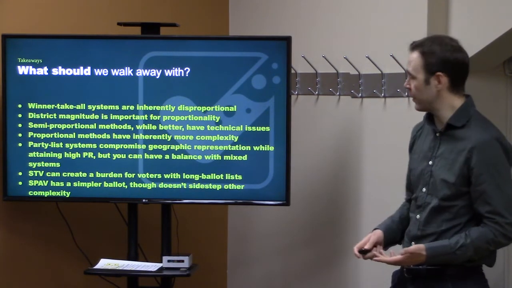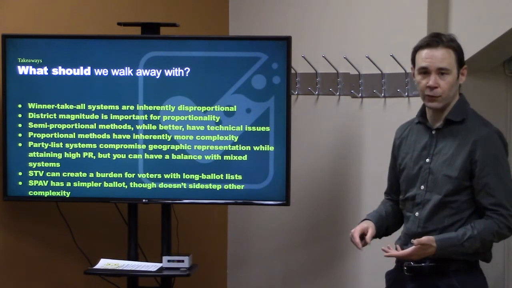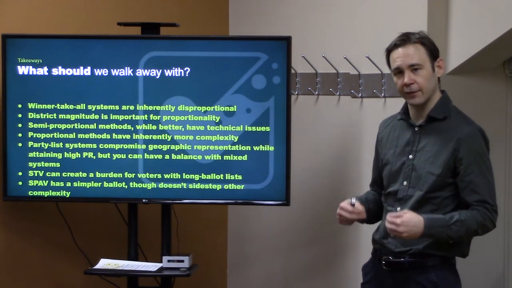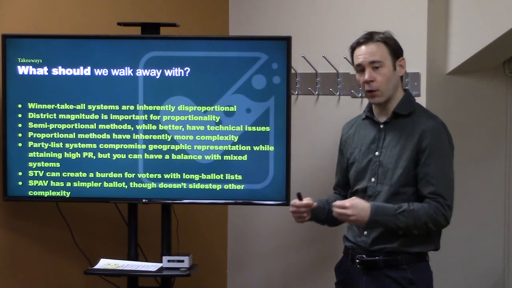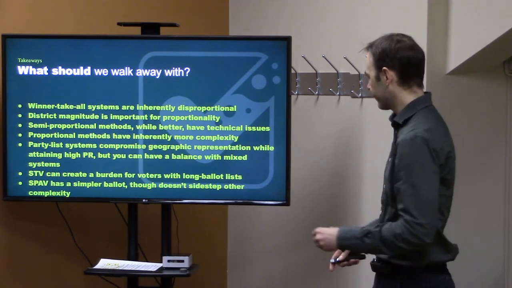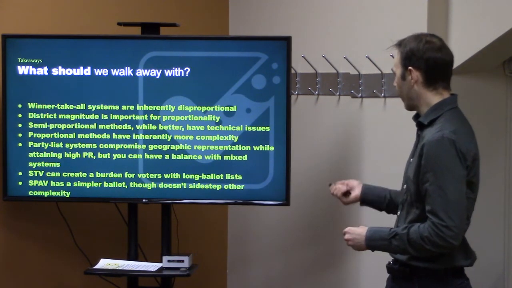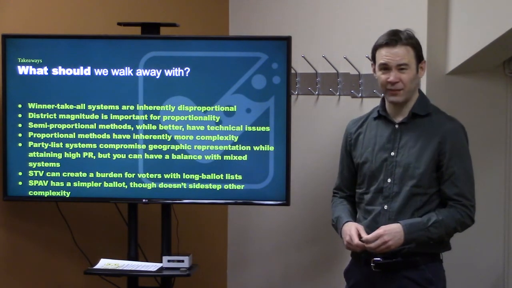Also, as we saw from the curve earlier of the group quota, district magnitude, that is the number of people you're electing at the same time, is really important for proportionality, as well as making sure that certain groups are able to get a seat at the table. Semi-proportional methods are simpler, but they're kind of sloppy too.